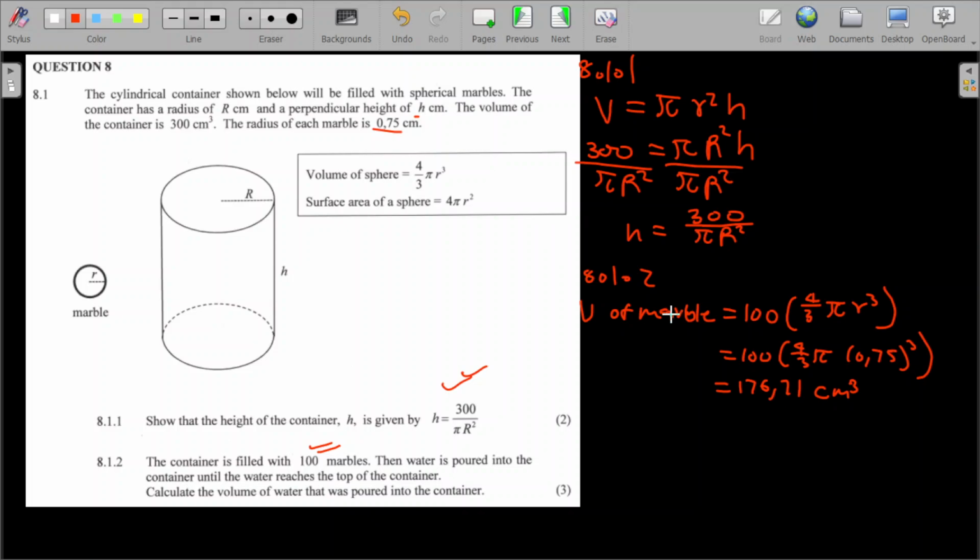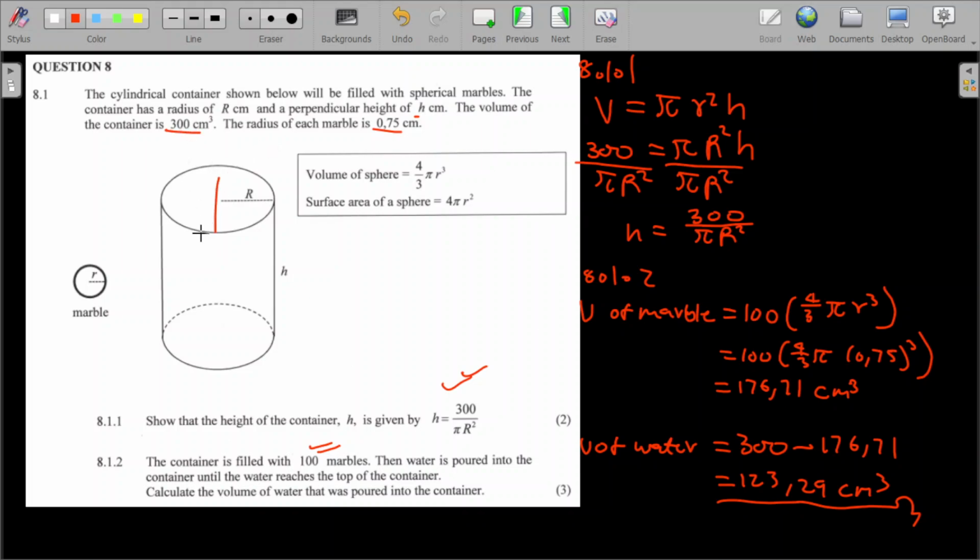This is the volume of the marbles. Now, the volume of water is going to be the volume of the container, which is 300, minus the volume of the marbles, which is 176.71, which is going to give us 123.29 centimeters cubed.